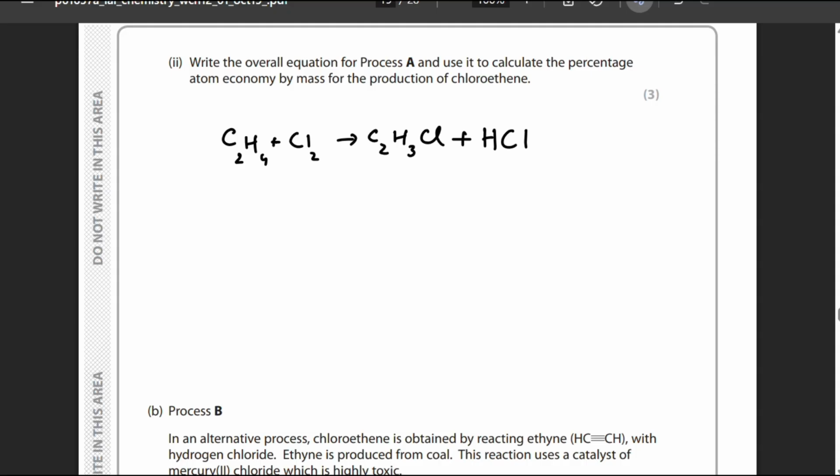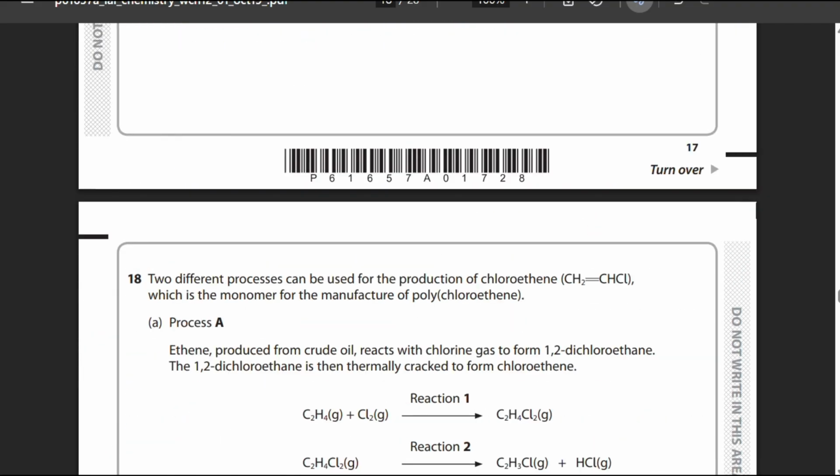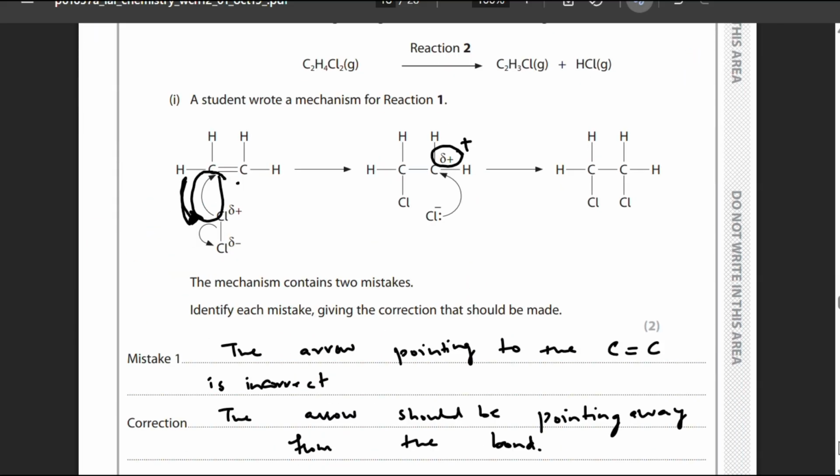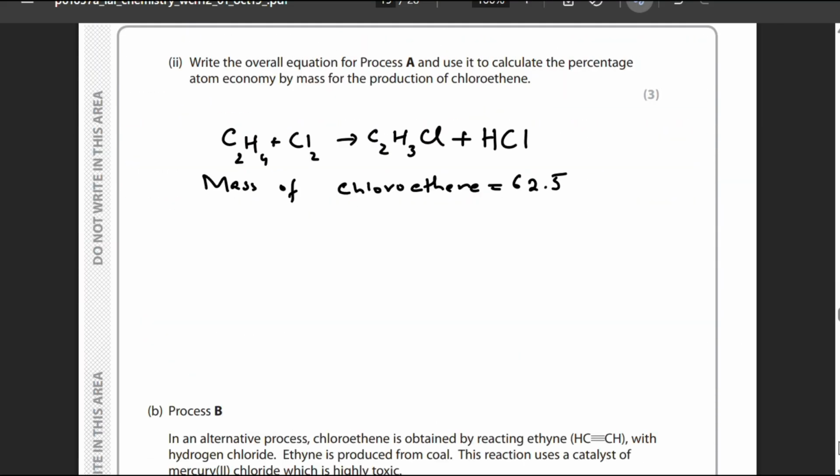Okay, so the mass of chloroethene is 62.5, and this is the mass of chloroethene.